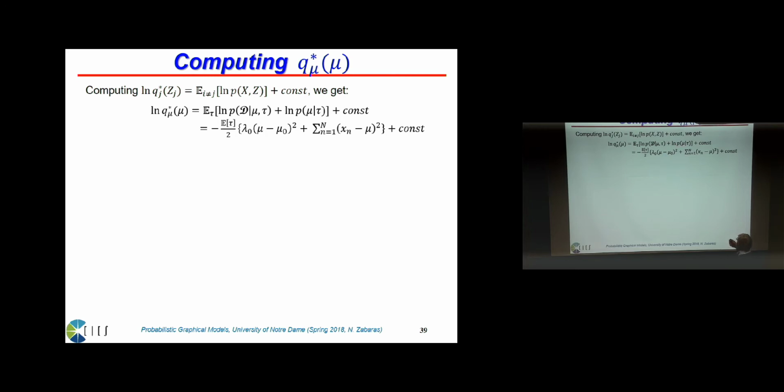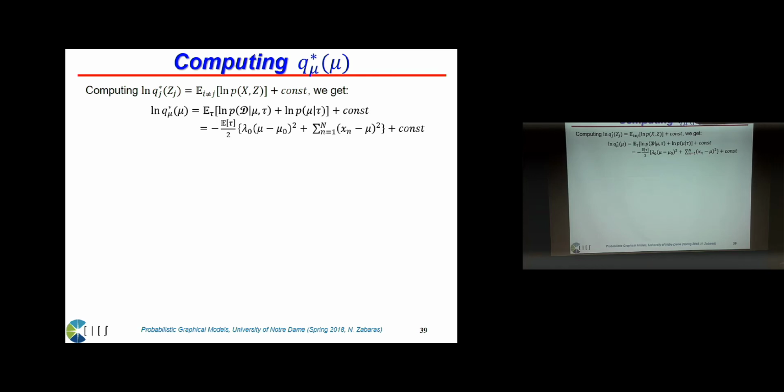There's a prior on mu given tau, and a prior on tau, but since we're interested in the distribution of mu, any term that does not depend on mu we don't play with. So the prior on tau is what I call a constant. If you expand this, you're going to get something like this. Since we're interested in mu, that's the only term we keep.